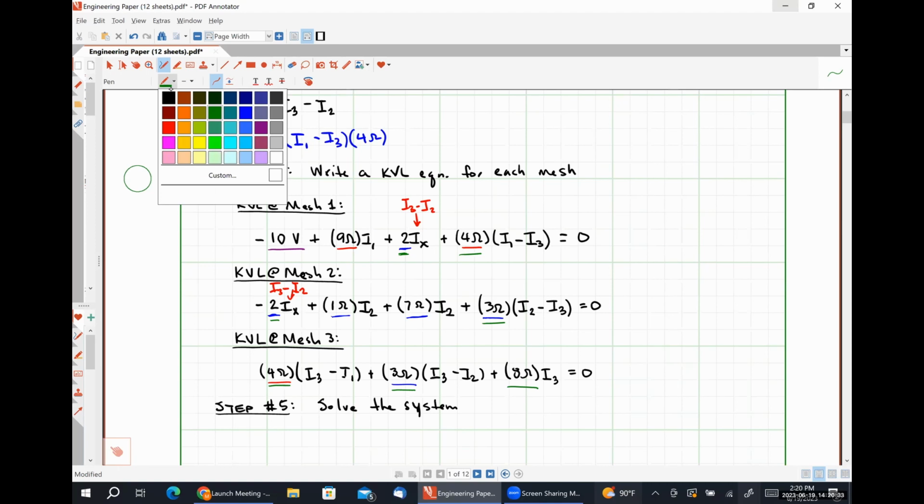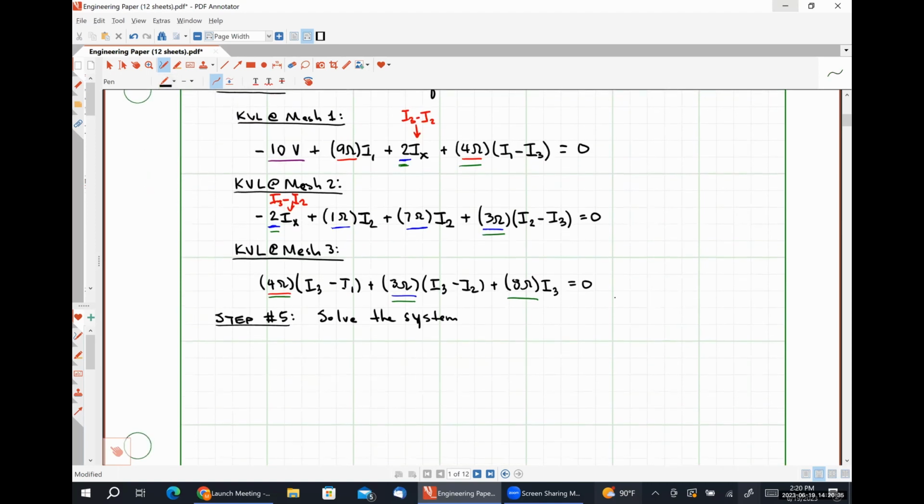And solving this system of equations, what I find is that my mesh current I1 is equal to 50/61 amps. My mesh current I2 is equal to 50/549 amps.